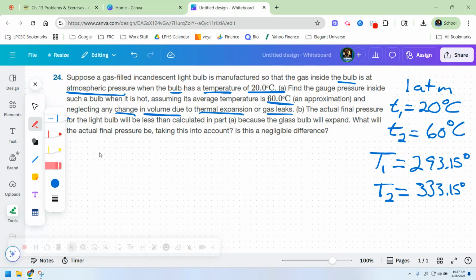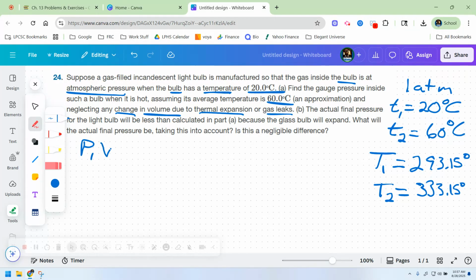We're going to ignore the expansion of the bulb because it's glass. It'll heat up and it'll expand due to the pressure and all that stuff. So that means the volume will change slightly. Does it matter? Do we need to go through all this hassle? So we're going to start with the ideal gas law, right?